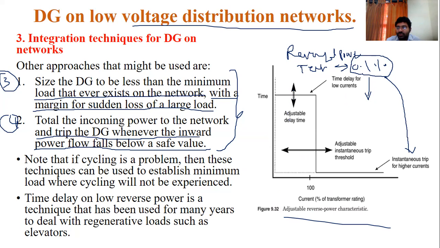If it is 0.1, nothing but 10%, you can increase it to 15%. For suppose it is 10 amperes, you can increase up to 1.5, or up to a 0.2 value.